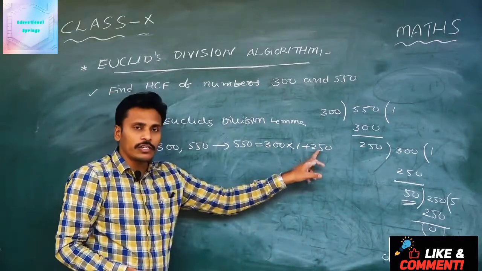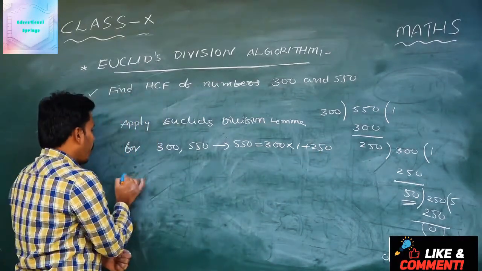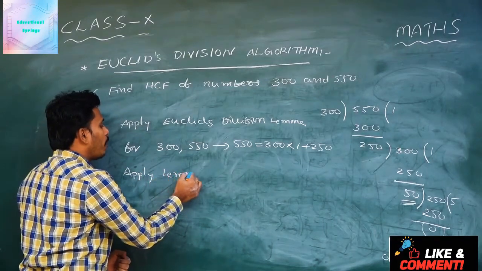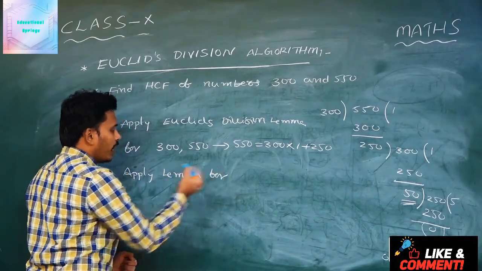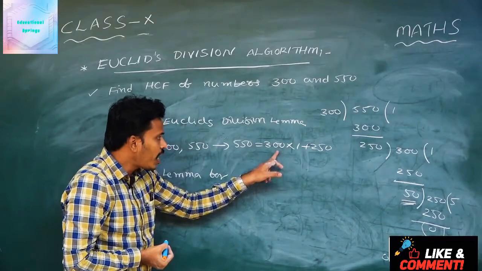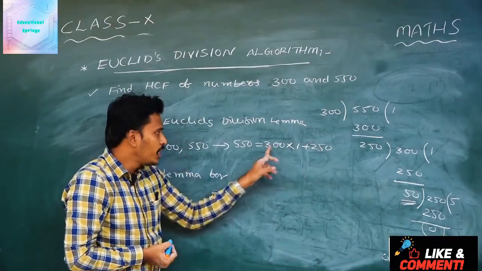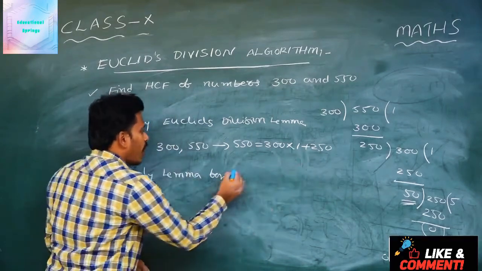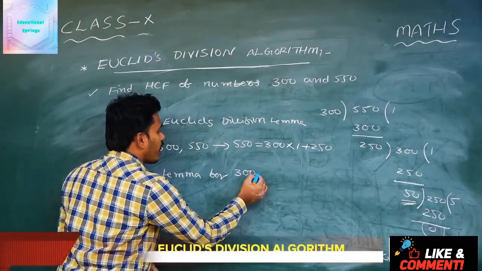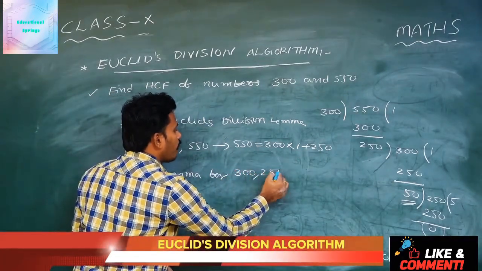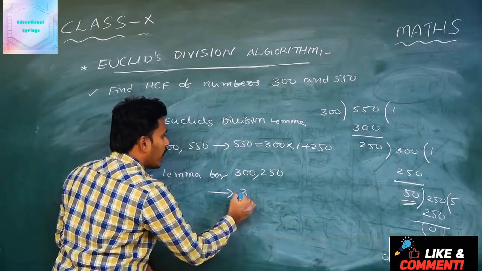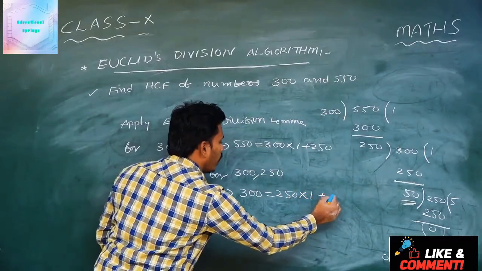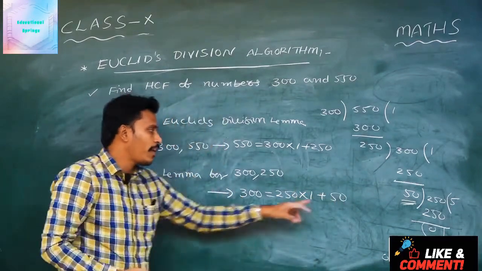Here the remainder is not 0. Then you need to apply Euclid's division lemma in the second case for 300 and 250. This 300 is the new dividend, and this 250 is the new divisor. If you apply it for 300 and 250, that representation is 300 is equal to 250 into 1 plus 50. Still the remainder is non-zero.